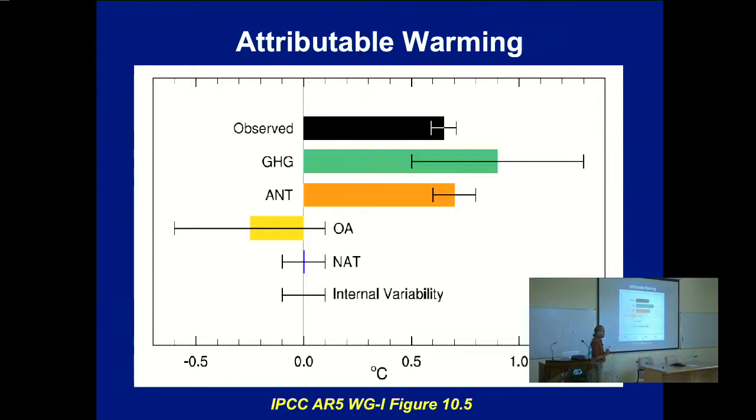Now, when I say natural in this context, a natural can still be external to this system. Okay? So if I change solar radiation, okay? Solar radiation is not within your climate system. Its radiation is coming into your system and your system is responding to it, right?